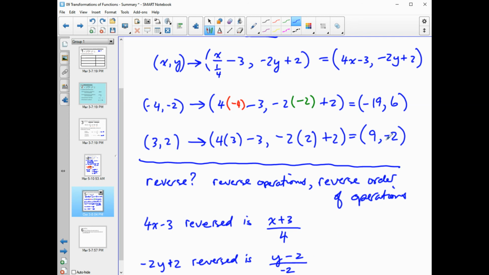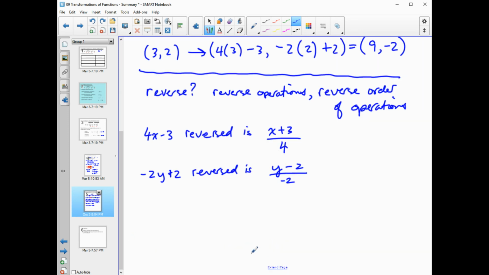So let's take that last point. Let's give myself a little bit more room. If I take that last point, (9, -2), it's going to become: I take 9 plus 3 and divide it by 4. And I take -2 for the y-coordinate. That's going to become -2 minus 2 divided by -2.